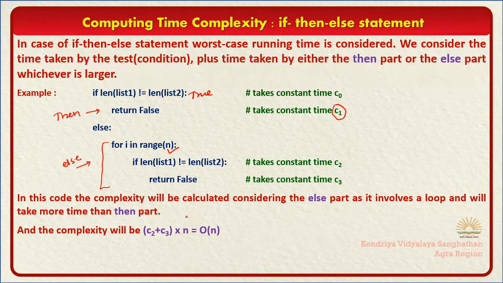So the complexity will be considered using this part only, and in this case the complexity will be order of n since other constant times will be ignored, and since the loop inside the else part will be running for n times, that's why we have taken it n here as the dominant term, and we have expressed the complexity as order of n.